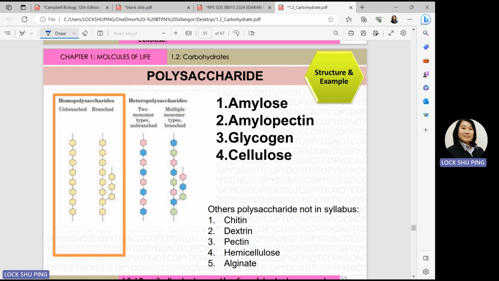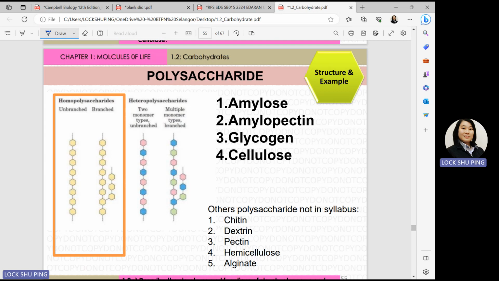There are also other, more complicated polysaccharides which are not in your syllabus, like chitin, pectin, hemicellulose, alginate, and dextrin. These are names you will go through when you enter semester 2. They are complicated polysaccharides with more than one type of monosaccharide forming them, for example a combination of alpha glucose, beta glucose, and fructose.